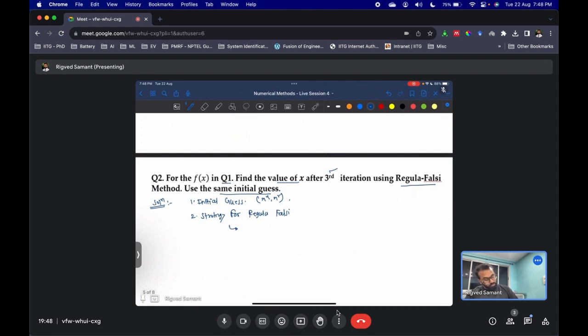The strategy is xi plus 1 is equal to xl minus xr divided by fl minus fr.